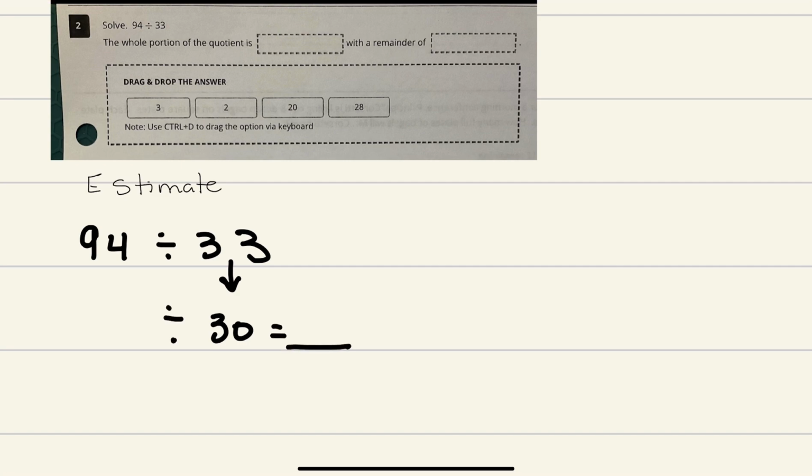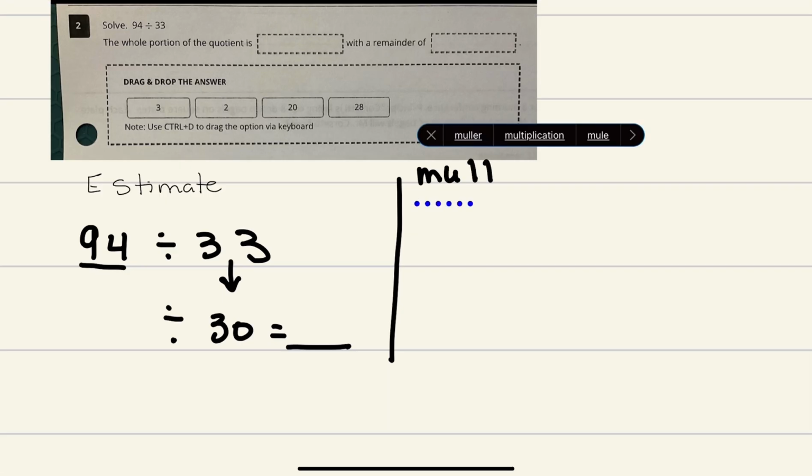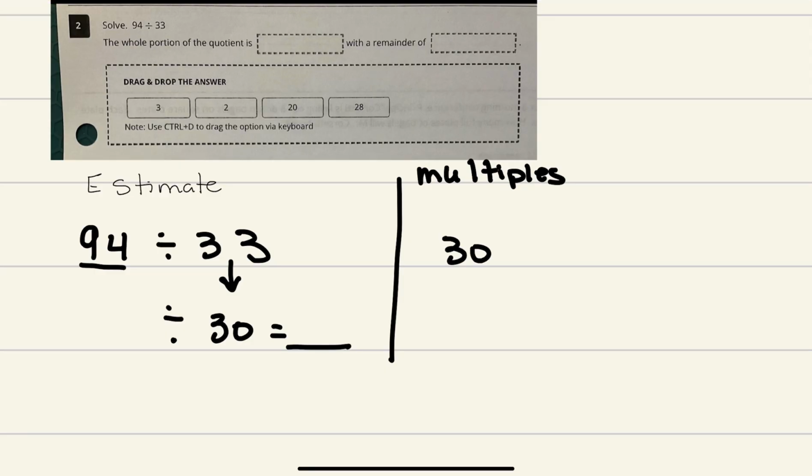I need to find a number that is smaller than 94. I don't want it bigger than 94. So my next step is to count by my multiples of 30. I have told students to make a note over here, because we don't want to go bigger than 94. We just want something close to it.